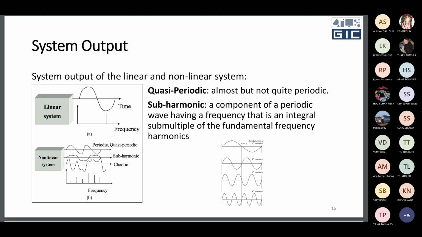But the way it changes with the signal is the same, only the value changes, bigger and bigger or smaller and smaller. Those kinds of things we call harmonic signals. So when you have half of the harmonic signal, we call it a subharmonic signal. And the other one is chaotic.